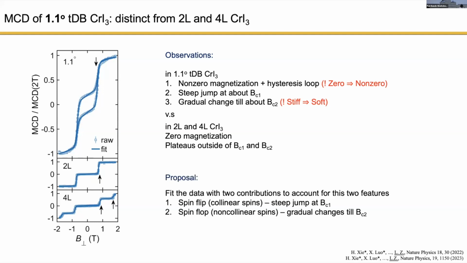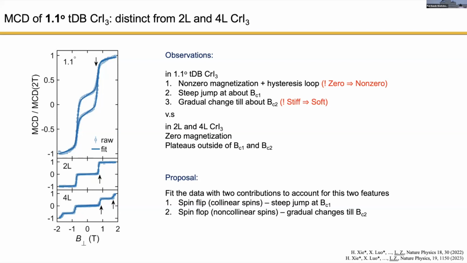Okay, so then my student Xiangpeng proposed to fit the data, because we don't know the microscopic picture to start with, but we can always fit the data to extract some meaningful parameters and then trace their temperature dependence or field dependence later on. The fit is done in such a way that we consider that in the twisted chromium triiodide sample, there are two contributions to the signal.